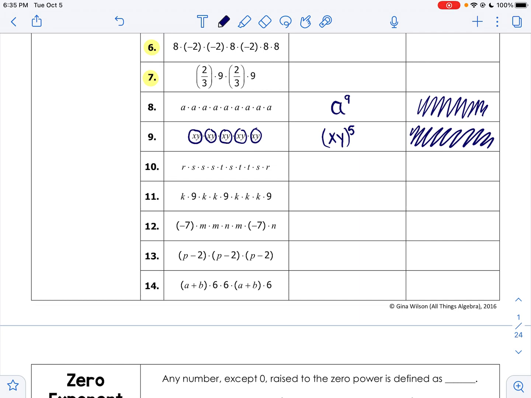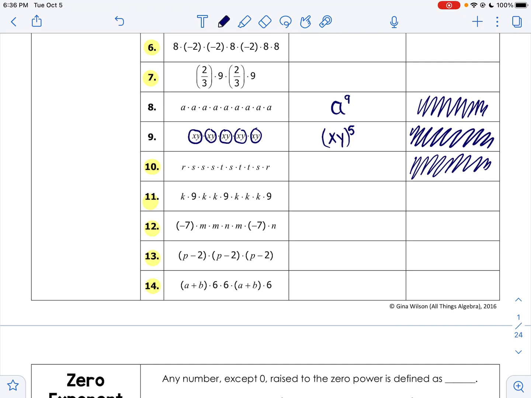So if you'll go ahead and yellow highlight 10, 11, 12, 13, and 14. And for all of those, remember, especially for number 10, you're not going to be able to find the value. Number 11, you will be able to find the value of your groups of 9. So you can actually multiply out the 9 times 9 times 9.